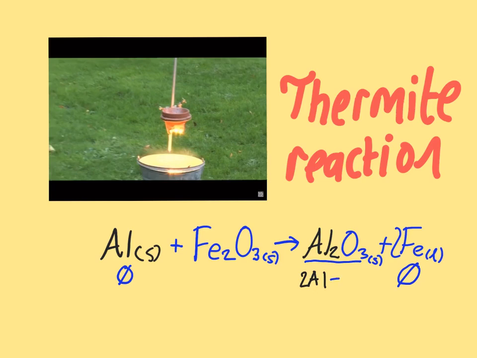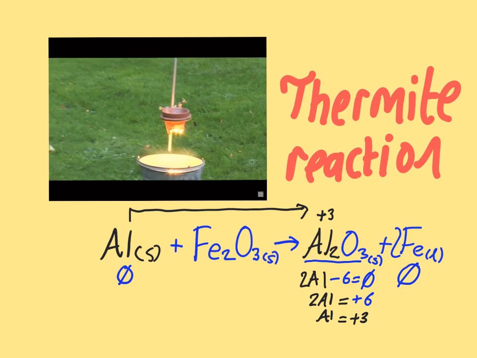Now we know oxygen is -2 always when it's combined. So that's 3 lots of -2, which is -6. If we now add 6 to both sides, then the overall charge is +6. Dividing that by 2, it's not surprising that the oxidation state of aluminium is +3 because it's in group 3. So aluminium has gone from an oxidation state of 0 to +3.